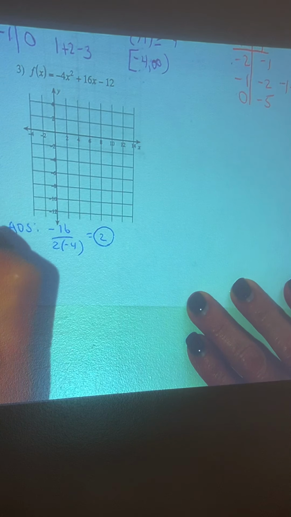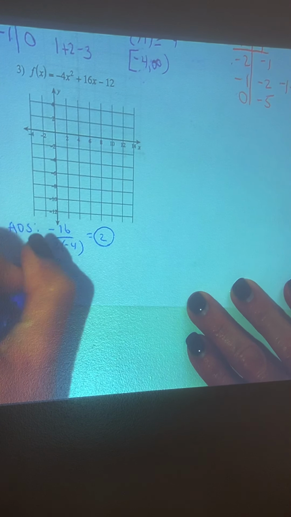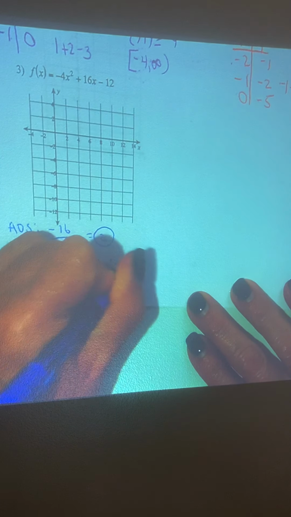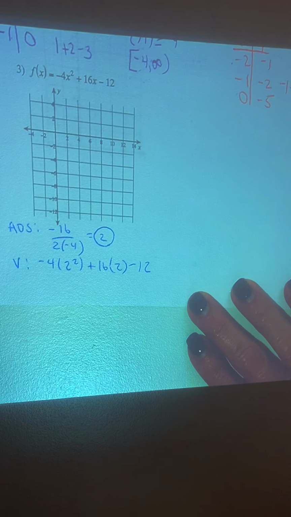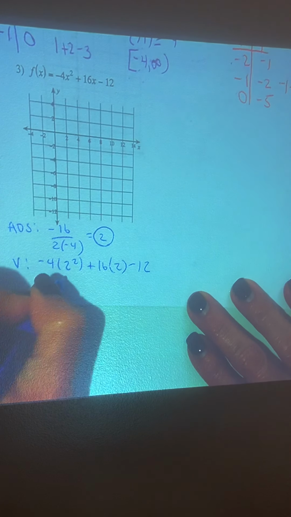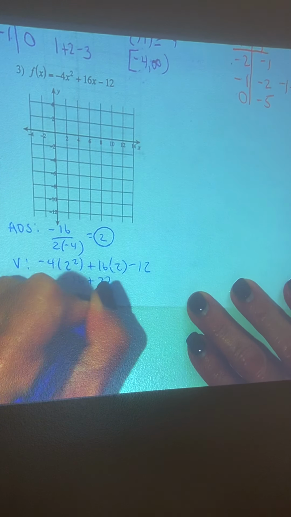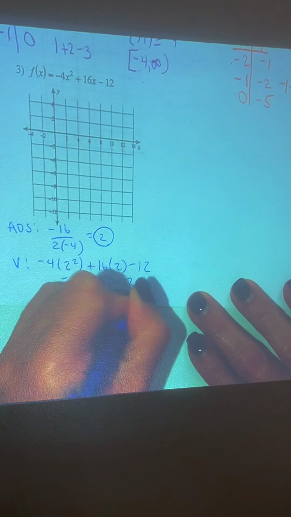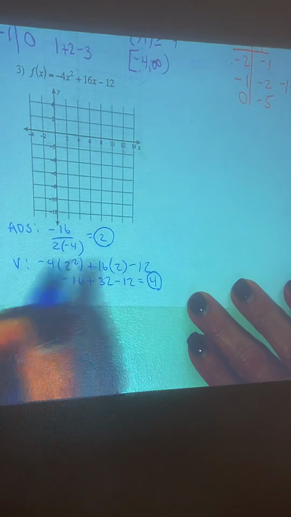Plug it back in for my vertex. -4 times 2 squared plus 16 times 2 minus 12. So that is 4 times -4, -16 plus 32 minus 12. That's 16 minus 12 is 4. My vertex, 2, 4.